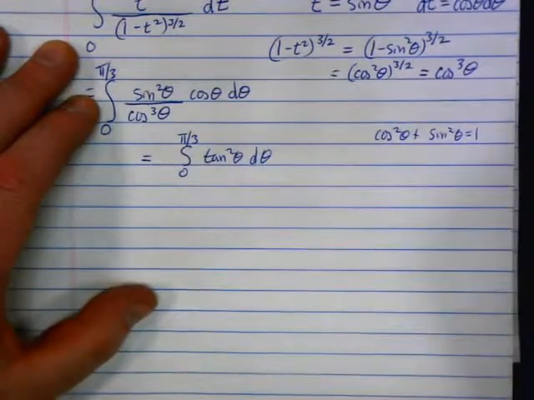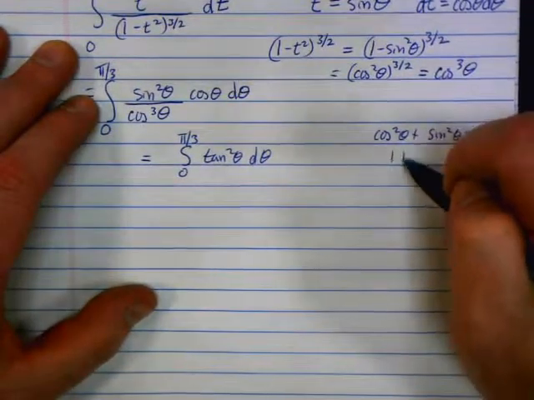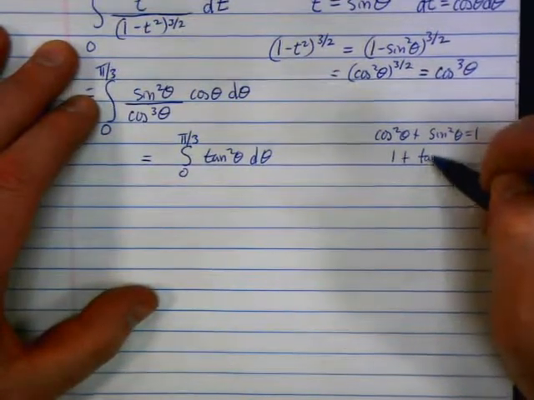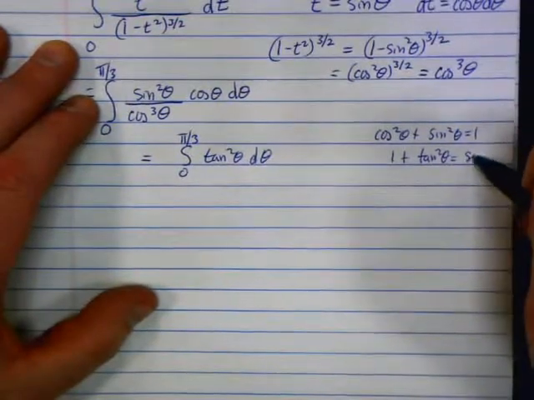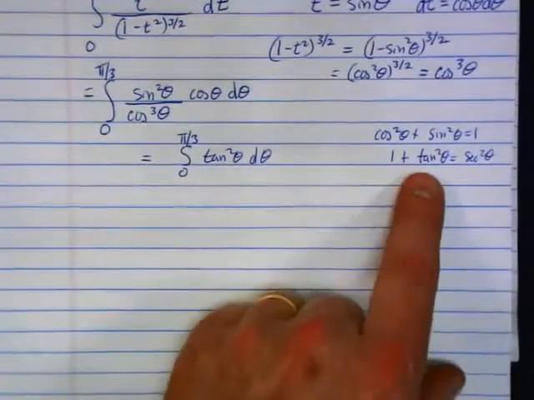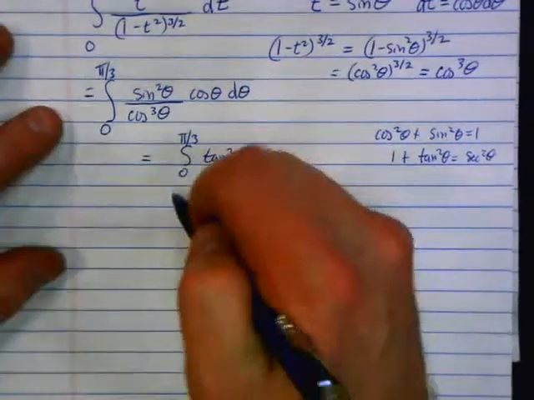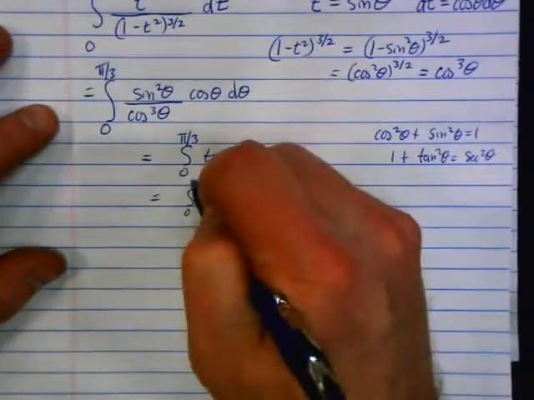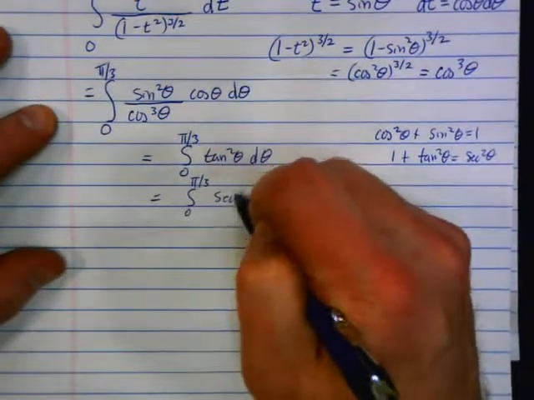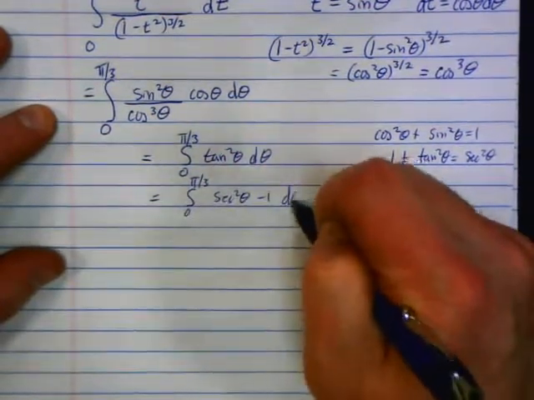If I divide everything by cosine squared, I get 1 plus tangent squared equals secant squared. So tangent squared is secant squared minus 1. So this becomes the integral from 0 to pi over 3 of secant squared theta minus 1 d theta.